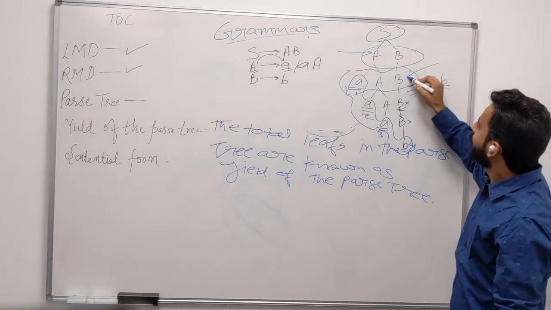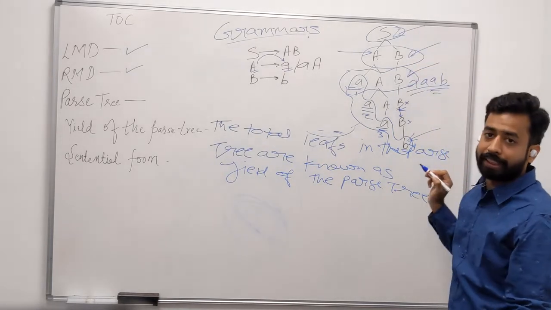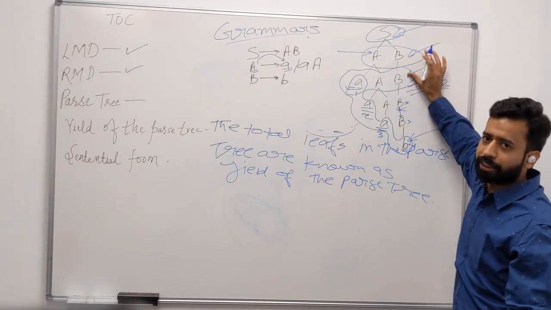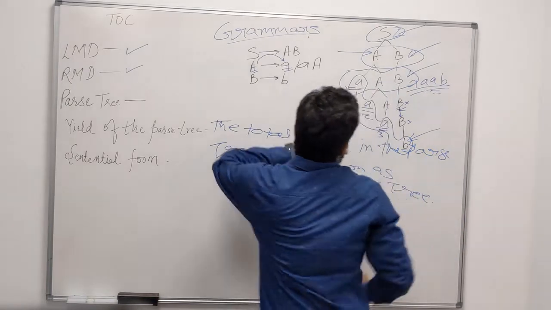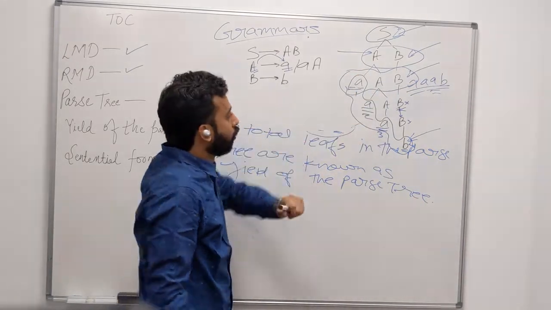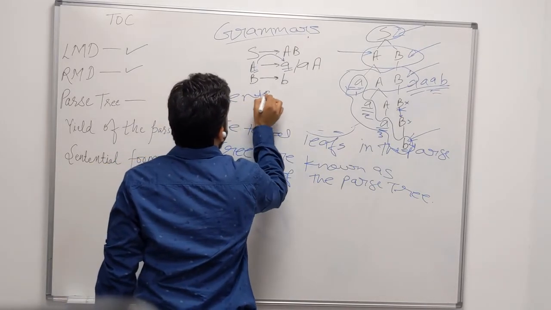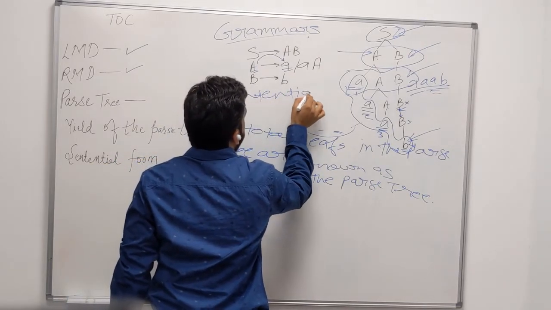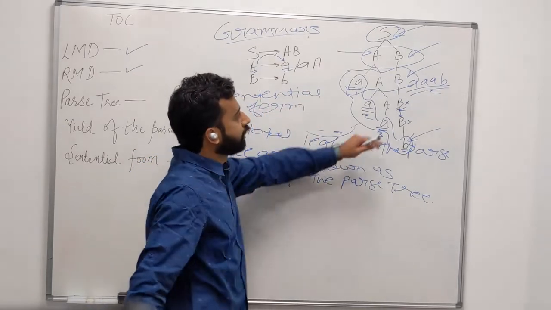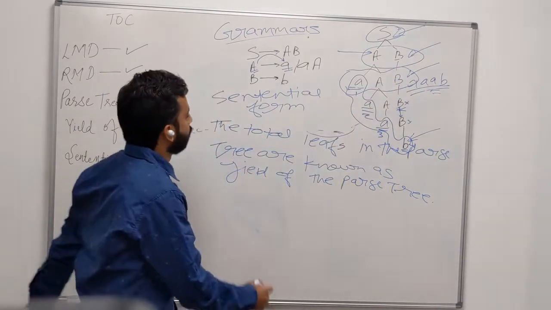So all these intermediate nodes, or you can say strings, are actually known as sentential forms.